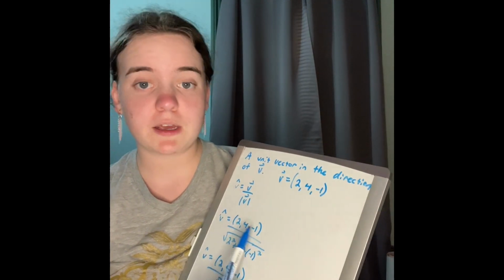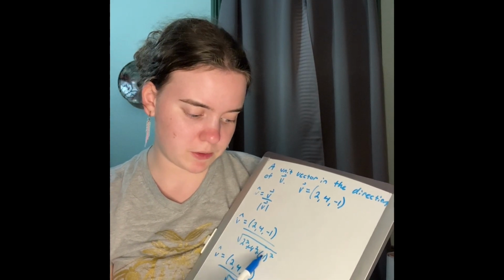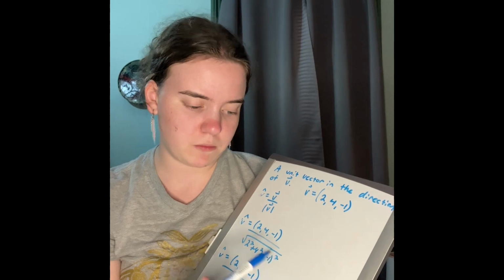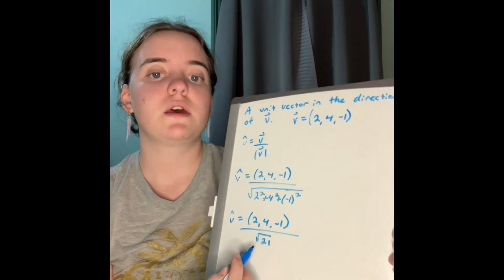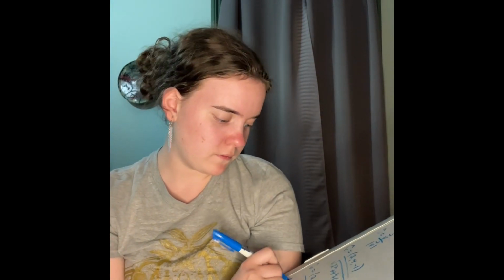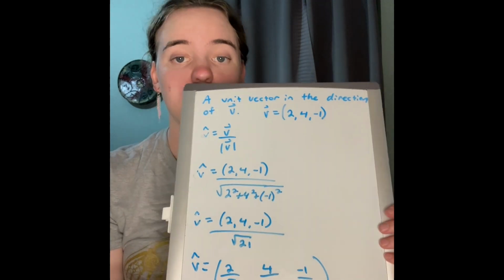So we put the 2, 4, -1 on the top, and then on the bottom we square each of the different values and then square root it. So I end up with the square root of 21. And then we end up with each of them separate. So 2 over the square root of 21, 4 over the square root of 21, and -1 over the square root of 21 as our unit vector.